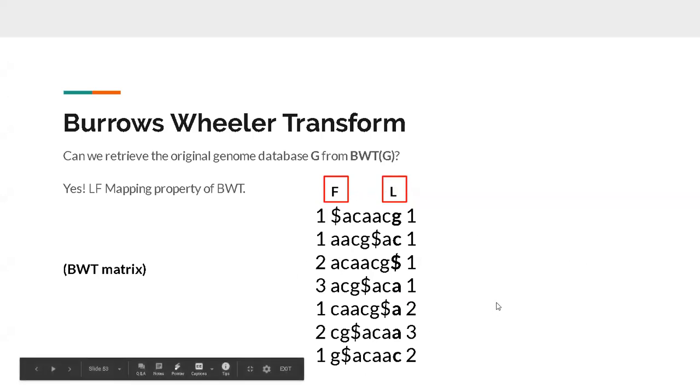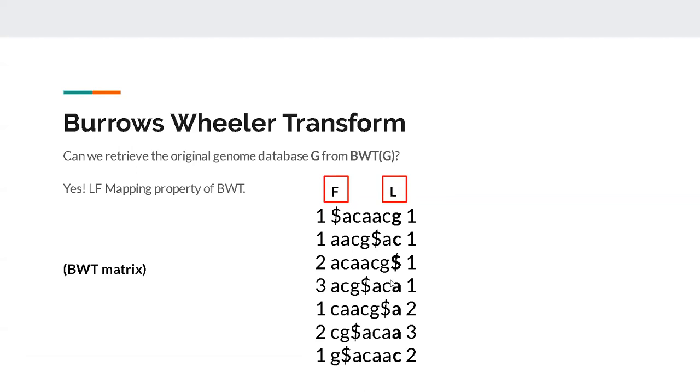Okay. So could you tell me why this mapping property holds true? Is it because it's a circular permutation of the same string? Exactly.